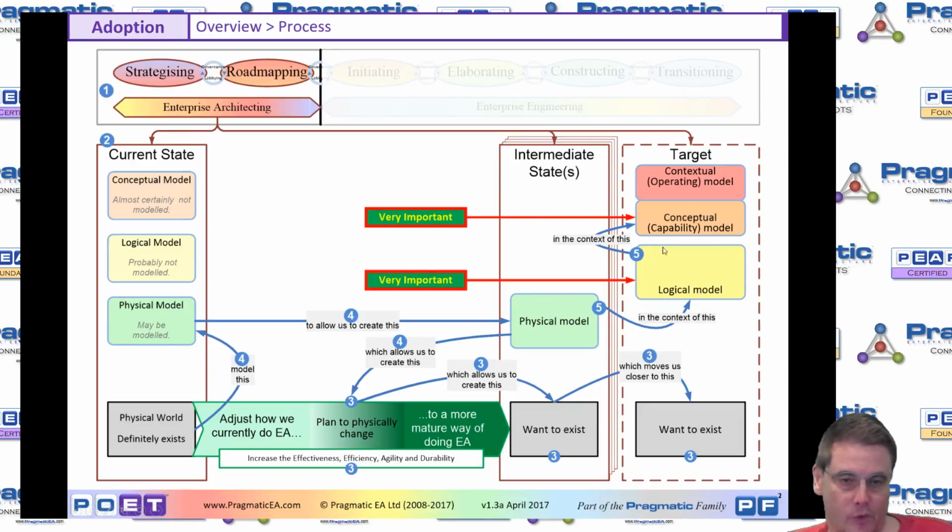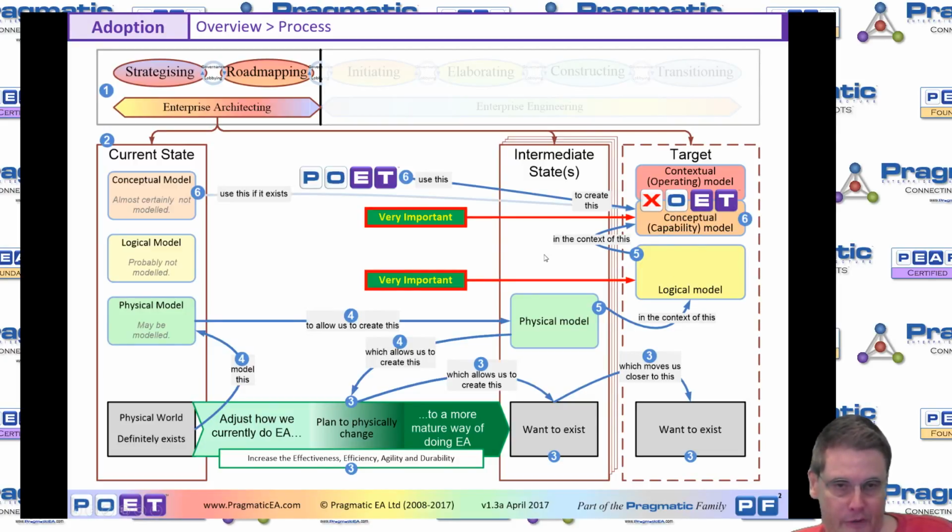In this case, we want a logical model of how to do enterprise architecture. And in turn, that logical model tends to be, or should be, based on a conceptual or a capability model of how to do enterprise architecture, and more of a contextual operating model as well. So where the hell do we get these things from?